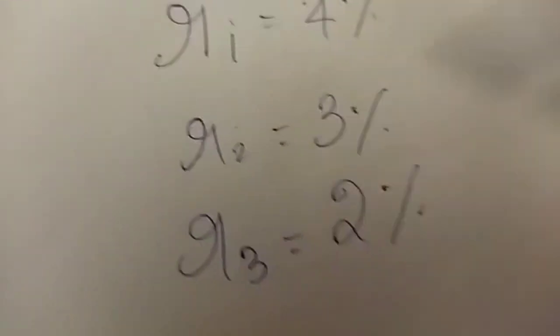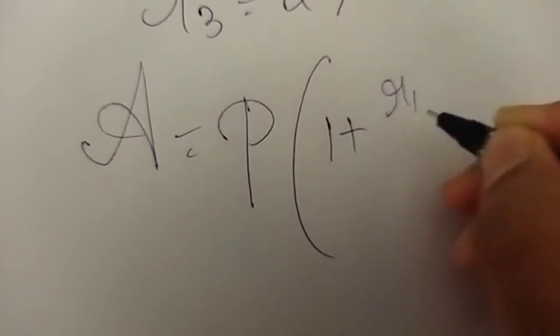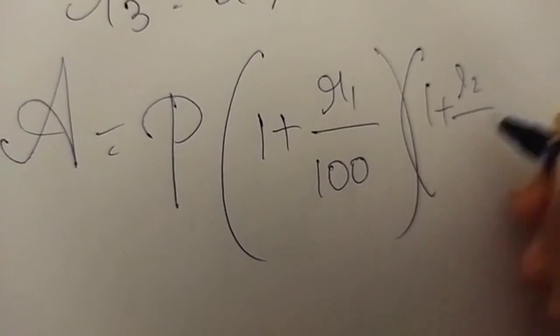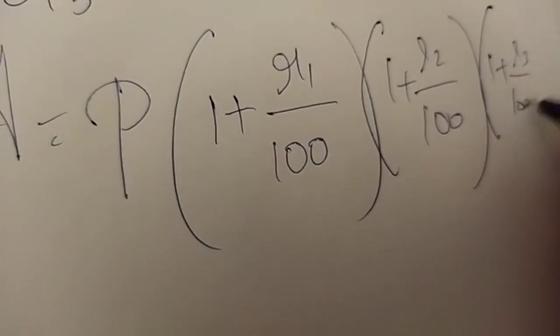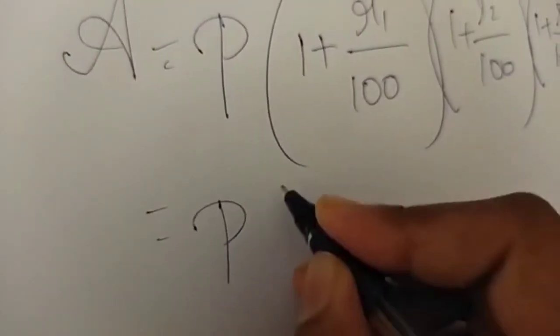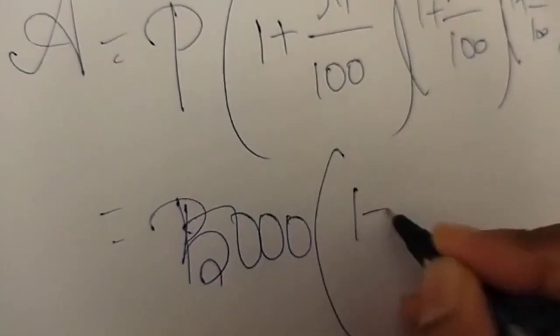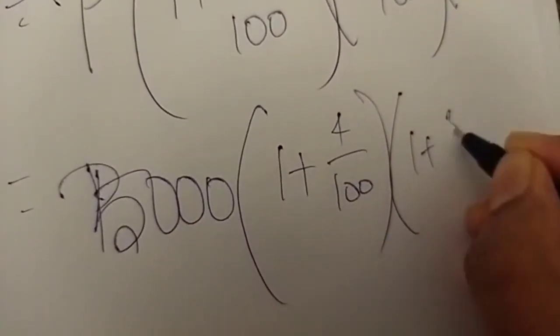Now the formula to find the amount is P into 1 plus R1 by 100, into 1 plus R2 by 100, into 1 plus R3 by 100. So 5,000 into 1 plus 4 by 100, 1 plus 3 by 100, 1 plus 2 by 100.